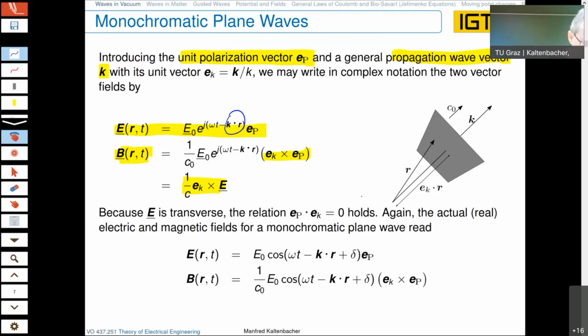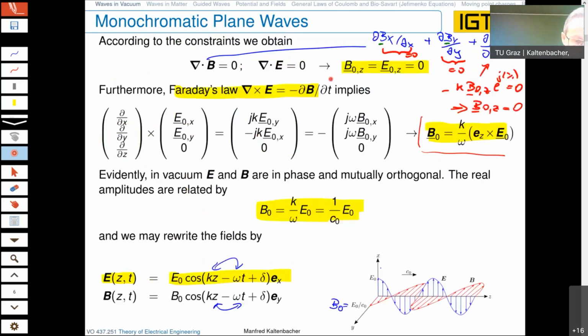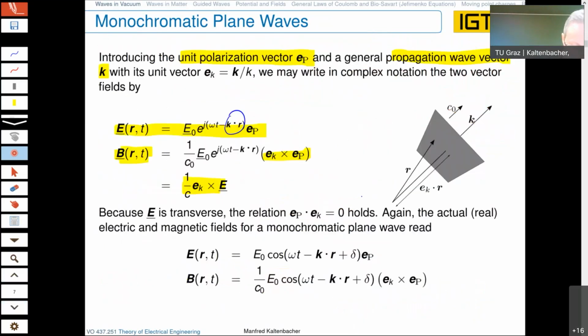That is illustrated here, where this plane means it's a plane wave, and in this plane we have the electric field and the magnetic field. As we have seen, according to the relations we have used, they are orthogonal to each other.